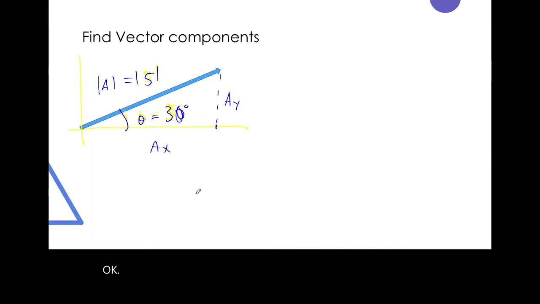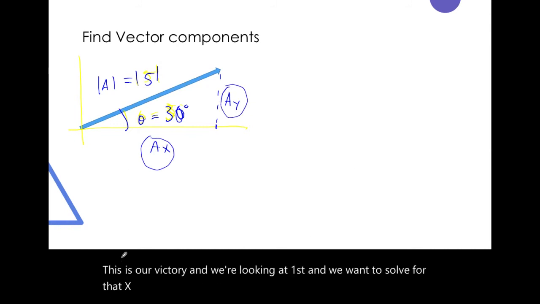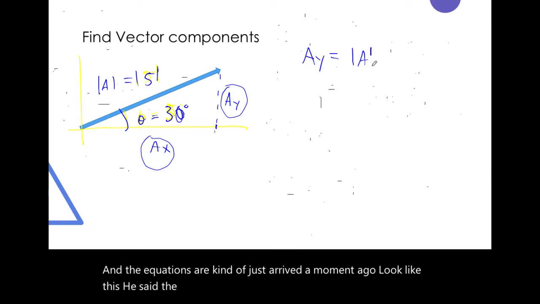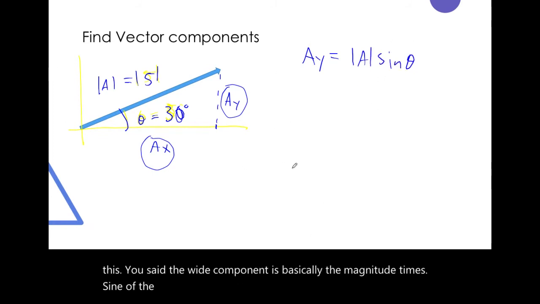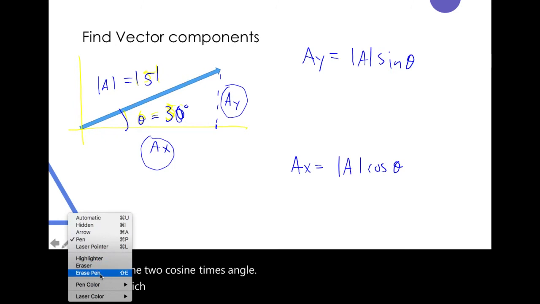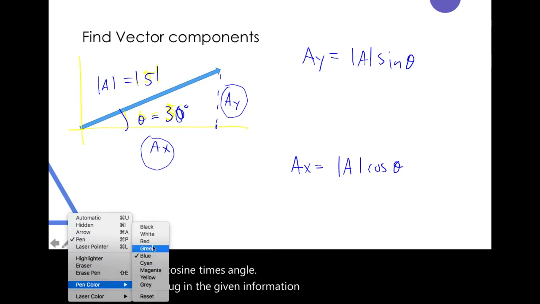So this is our vector we're looking at first, and we want to solve for the x and the y component. And the equations I derived a moment ago look like this. We said the y component is the magnitude times sine of the angle, and the x component, magnitude times cosine of the angle.